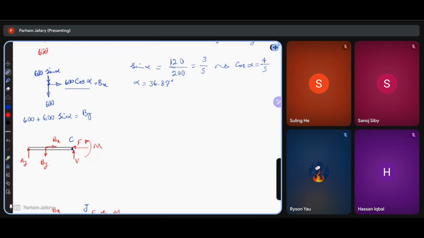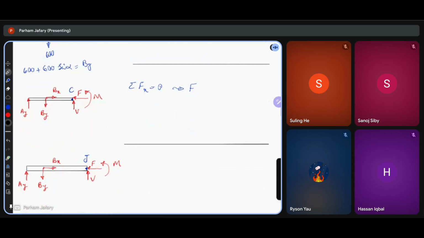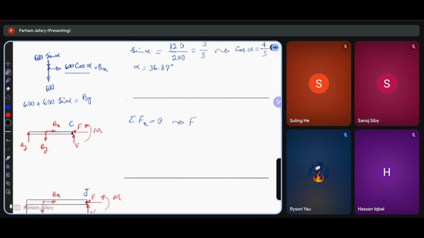So looking at the free body diagram of AC, we can write sigma f of x is equal to 0 and find the internal force F at point C. Because the same notations are gonna be used for both point C and point J, I will just put a horizontal line here so you guys would know the difference.